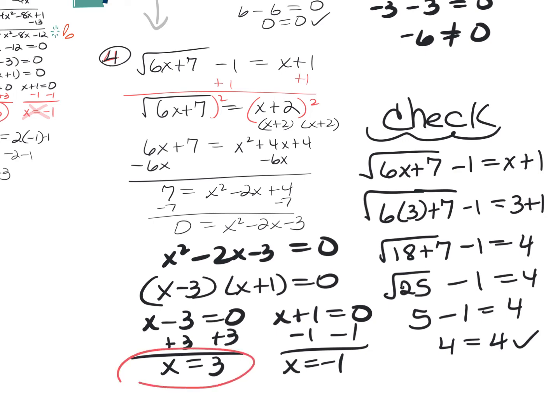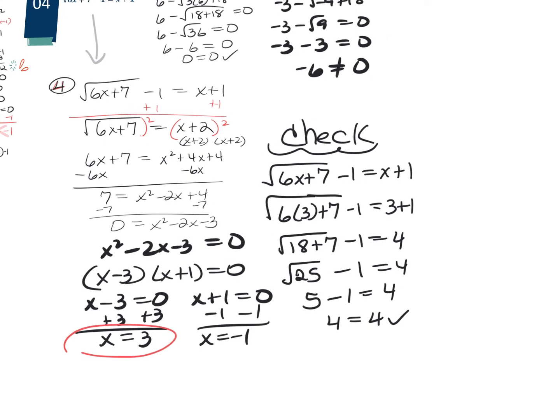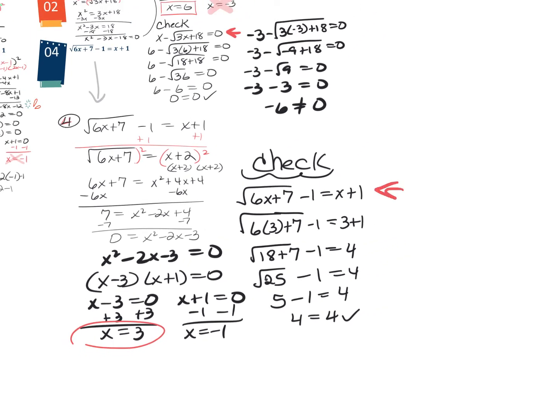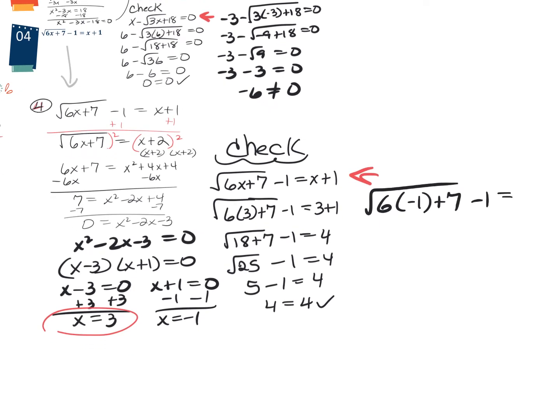Now let's do the -1. So again, same equation here. 6 times -1 plus 7 minus 1 equals -1 plus 1. -6 plus 7 minus 1 equals 0. -1 plus 1.